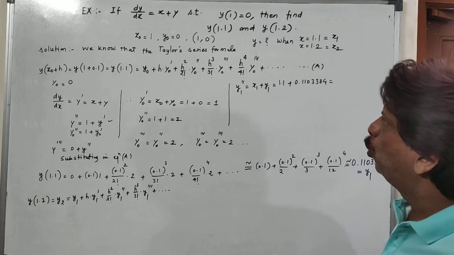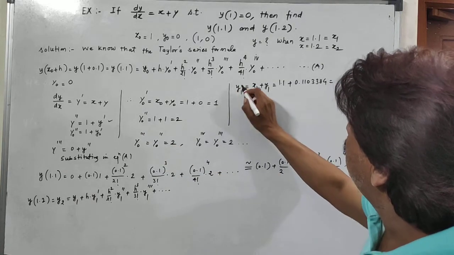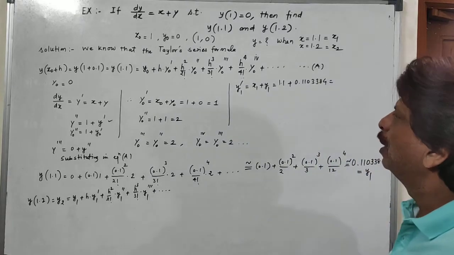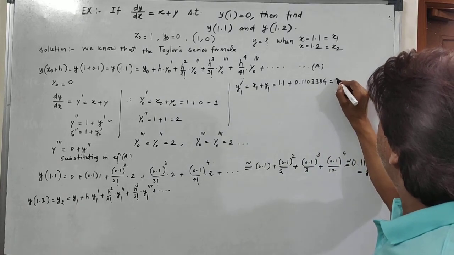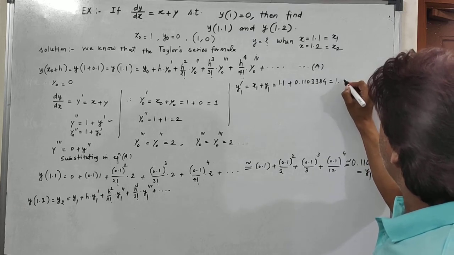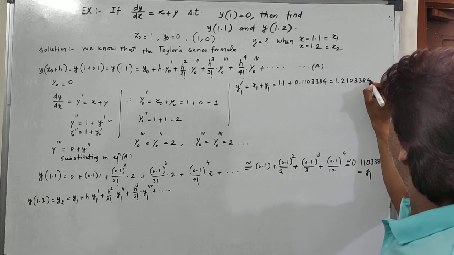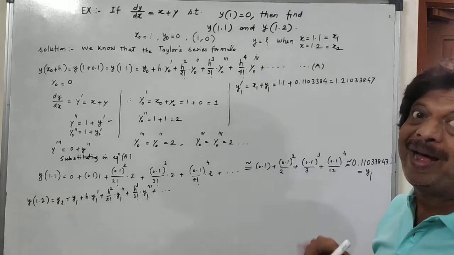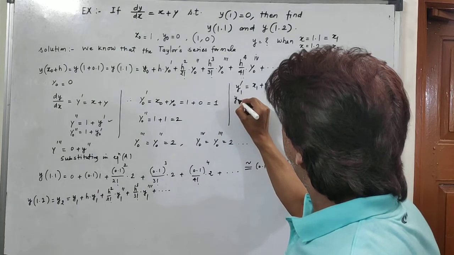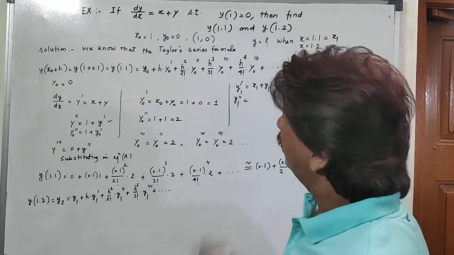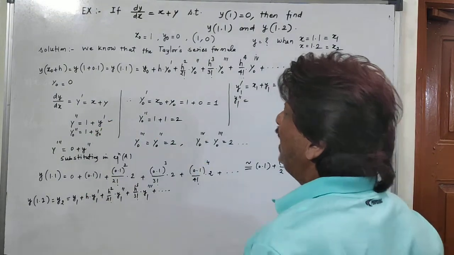So y1 dash, not double dash but single dash, is equal to 1.210333847. That is the value of y1 dash. What is y1 double dash? Y double dash is 1 plus y dash.